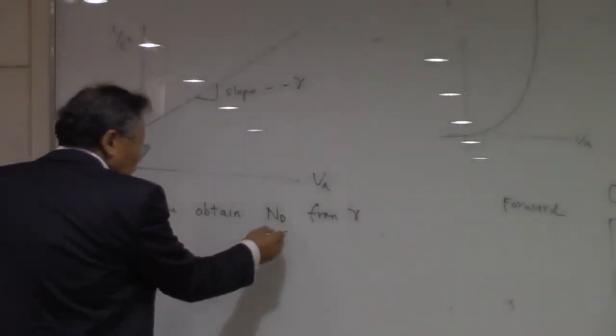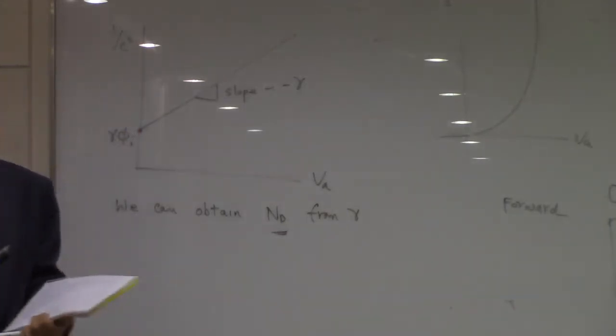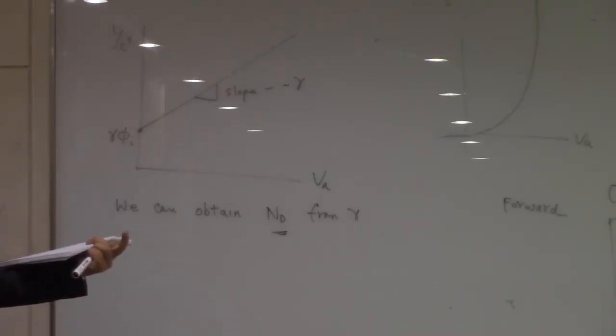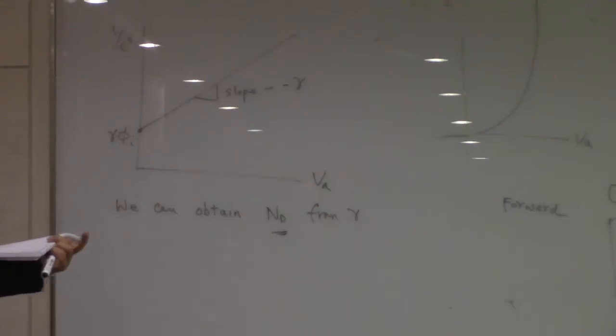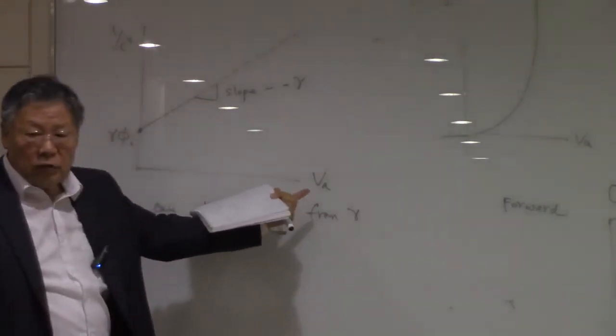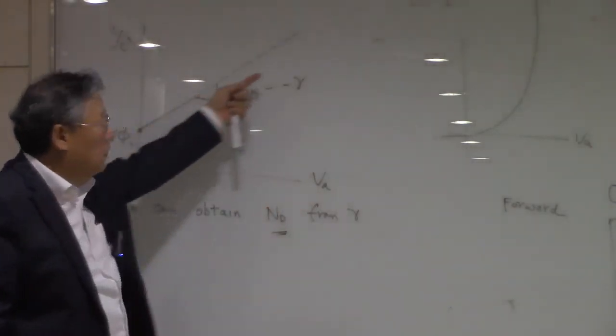So if you want to know the doping level of your semiconductor, all you have to do is make a blocking contact with the metal, and then you measure the capacitance with respect to the application of the voltages, VA, and you're supposed to have a straight line.